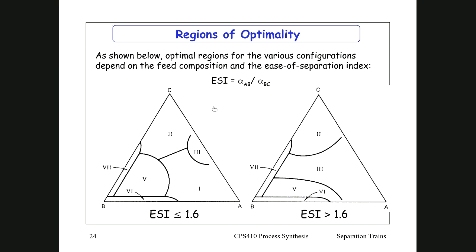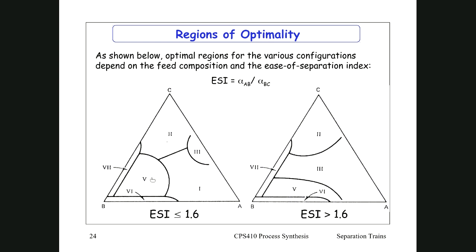The ease of separation index looks at the relative volatility of separating A from B versus the relative volatility of separating B from C. You would typically have an ESI, an ease of separation index, of around 1 in most cases, I suppose. And that means that you would be using this diagram. So you see in this diagram, we've got 1, we've got 2, 3, and there's no 4.